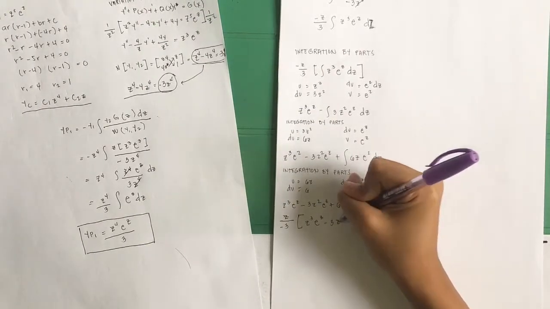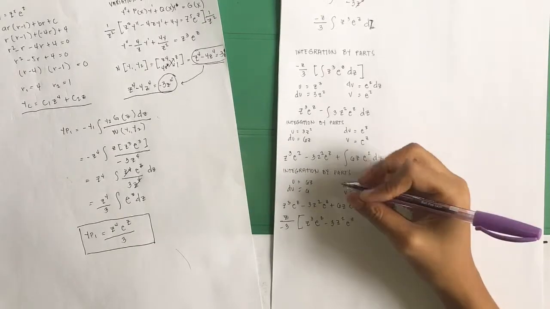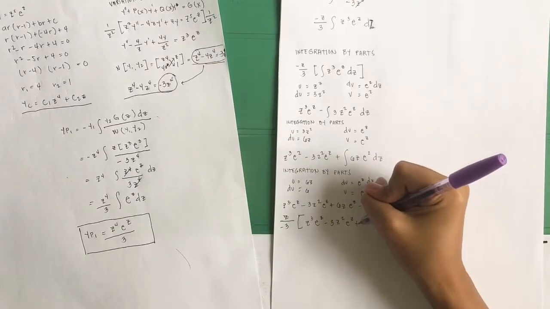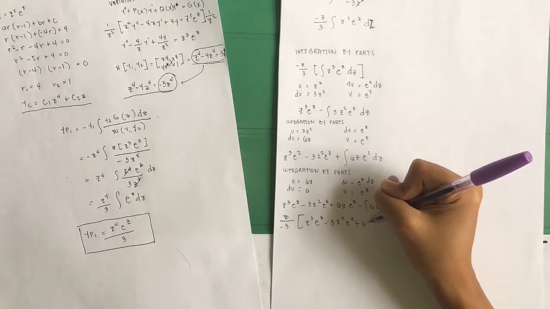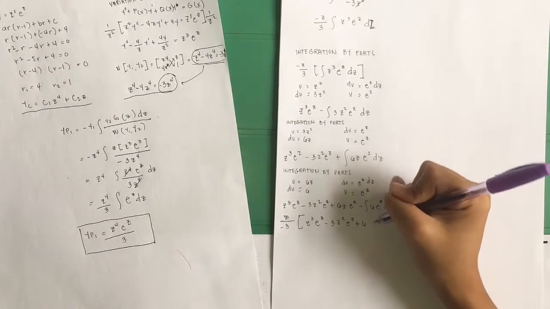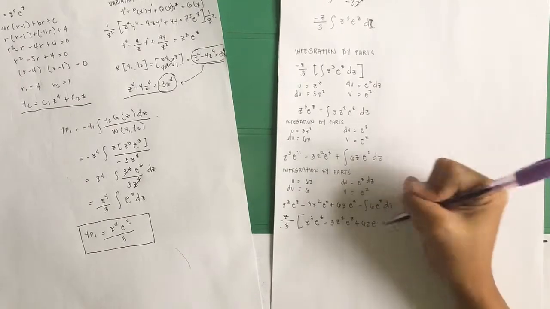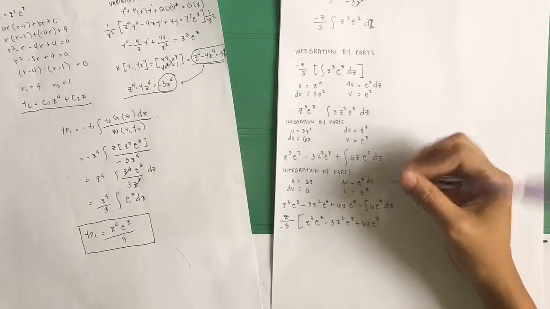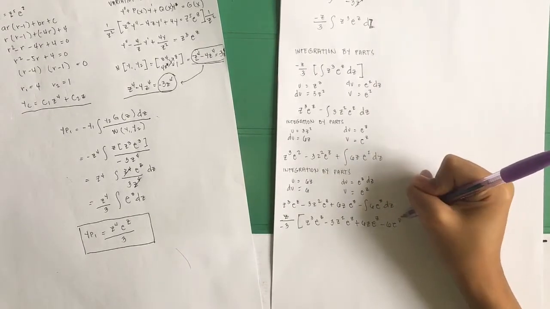I'll multiply it by z cubed e to the z minus 3z squared e raised to z plus 6z e raised to z minus 6 e raised to z.